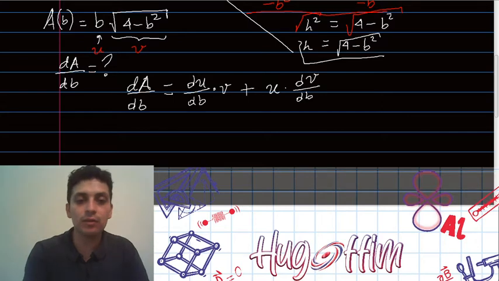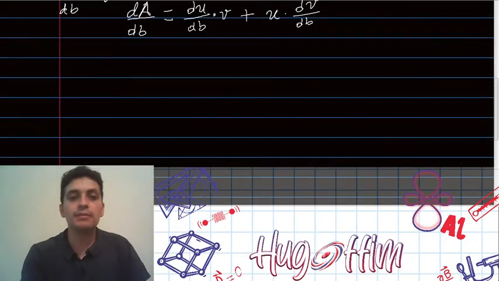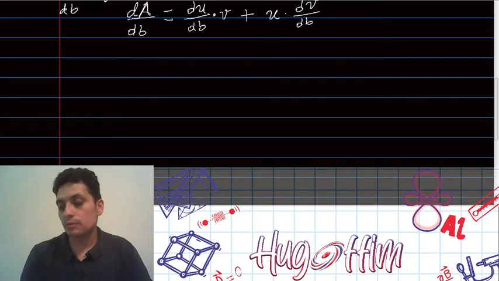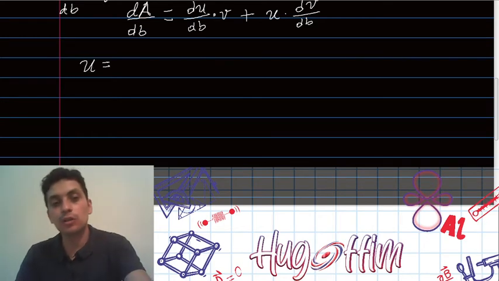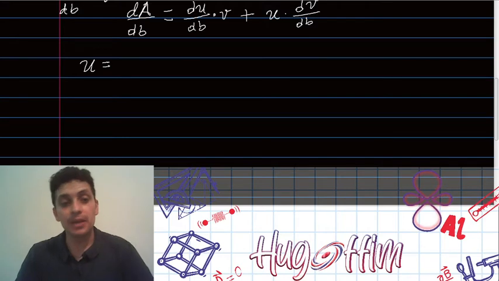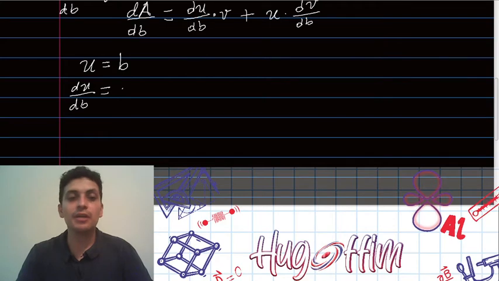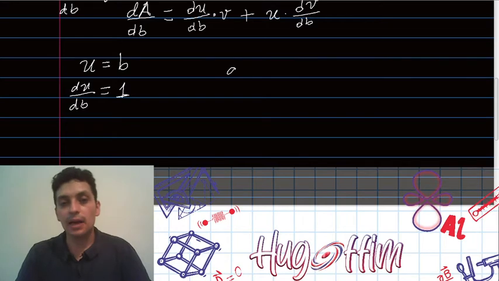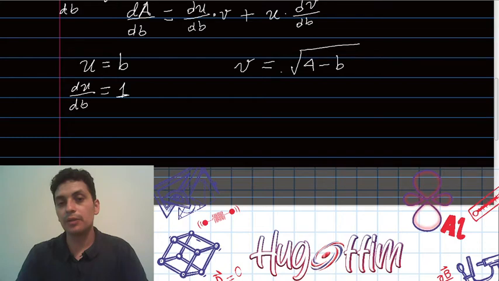We need to find du/db and dv/db. So let's set u equal to b, so du/db is the derivative of b, that is 1. And now v is going to be the root of 4 minus b squared.